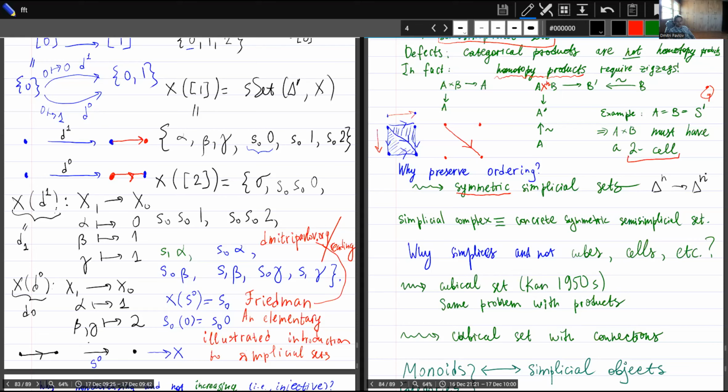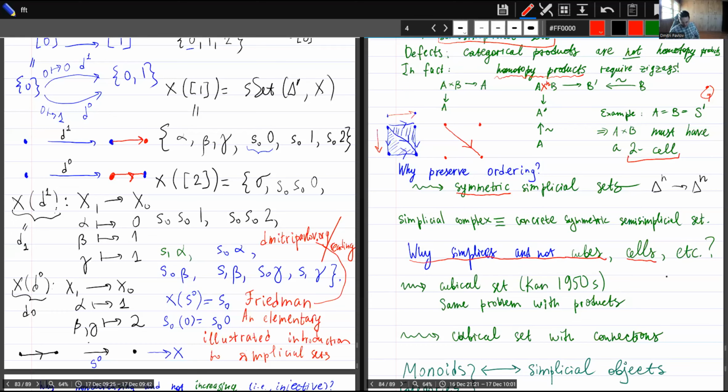And the other reason ultimately has the same motivation as the next question, which is, why exactly do we insist that our geometric shapes are simplices and not, for example, cubes, or what in category theory are called cells or globes.